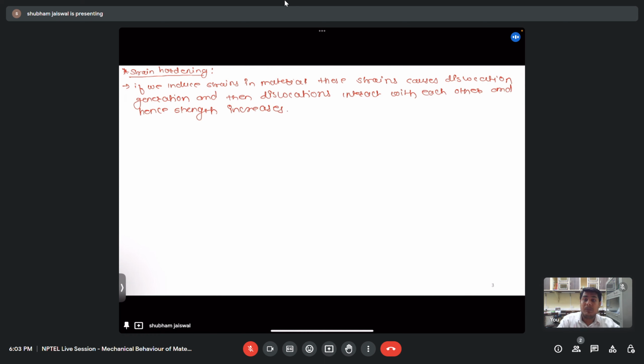This is how we get the strain hardening effect inside a material.